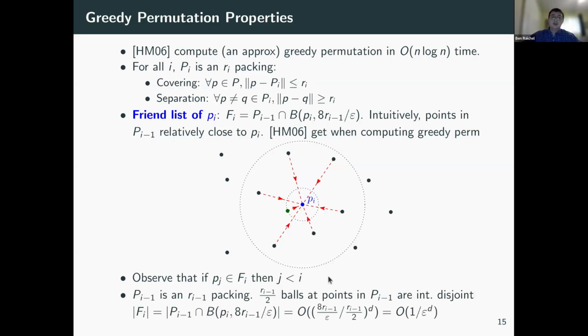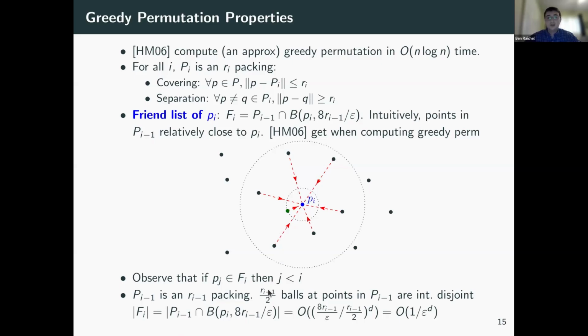The other observation is that the number of friends is bounded because P_{i-1}, which are these black points, is an r_{i-1} packing, right? That's what we set up here, which means if I look at this 8 r_{i-1} over epsilon ball, everybody in this ball that is a friend of me, their distance between each other is at least r_{i-1}.